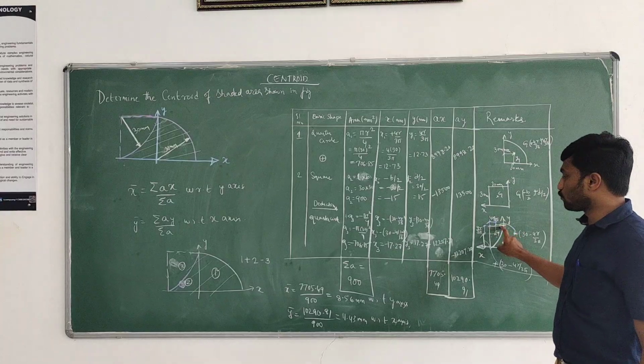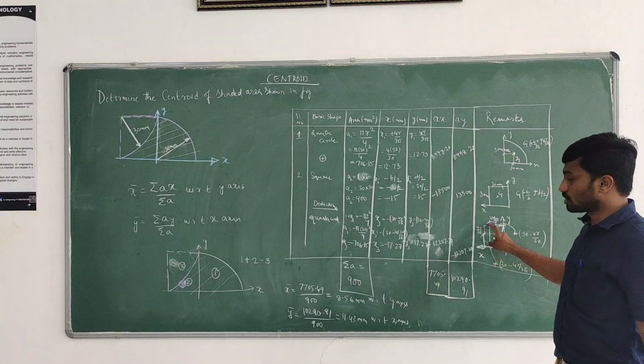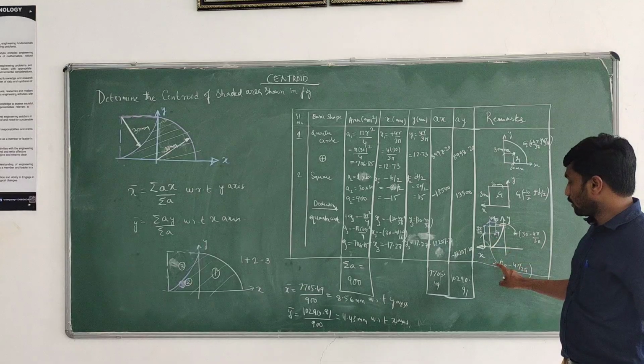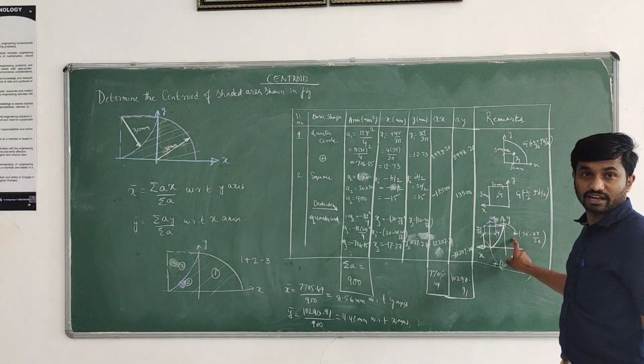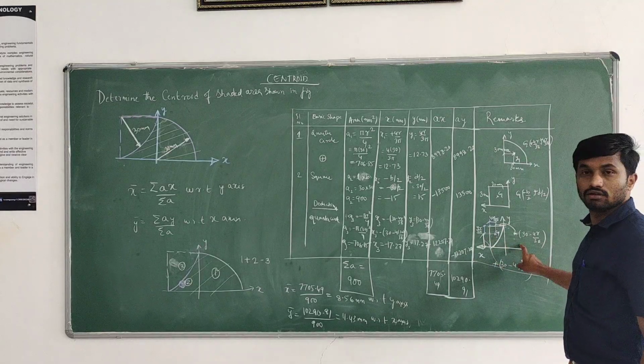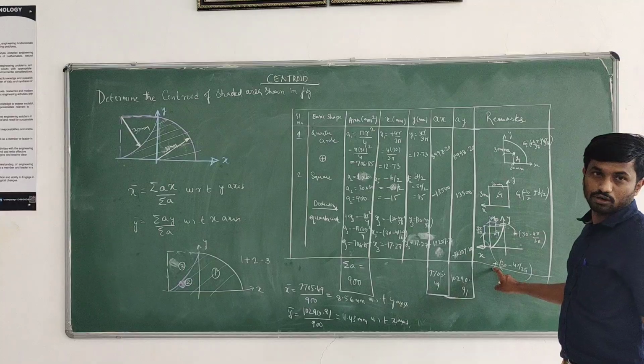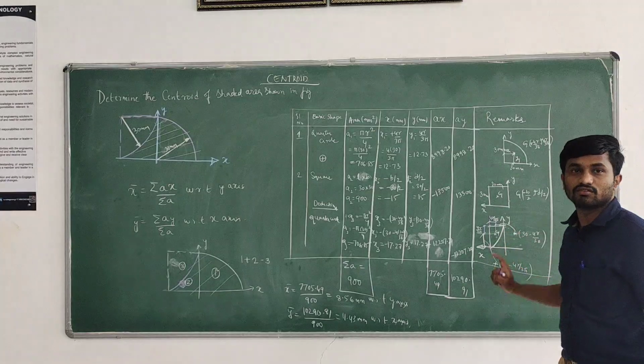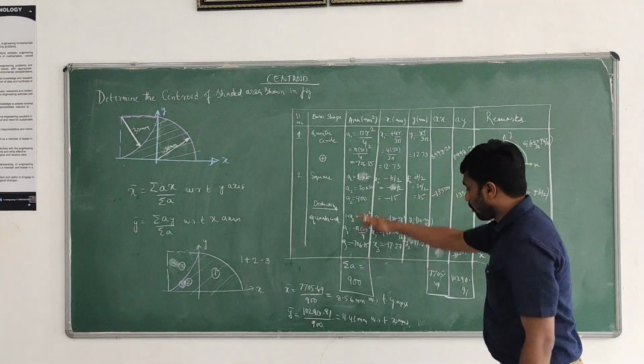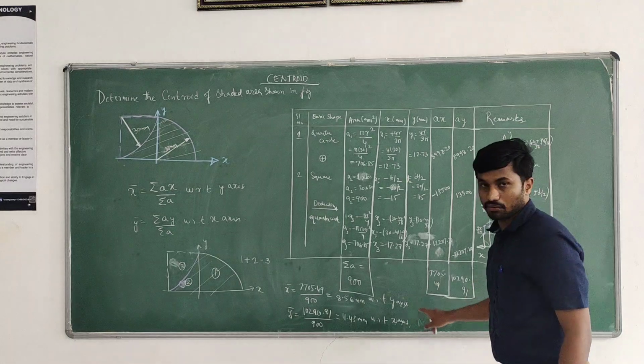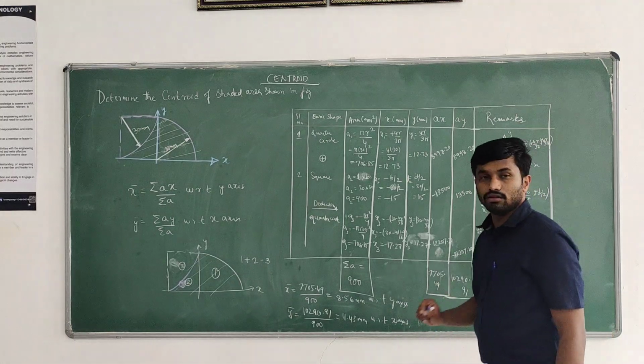Therefore, 30 minus 4r by 3 pi, here also 30 minus 4r by 3 pi. But in case of x, this is second quadrant, therefore minus. Y is plus because y is positive in second quadrant. Similarly, compute sigma AX, sigma AY, finally substitute, we get the values.